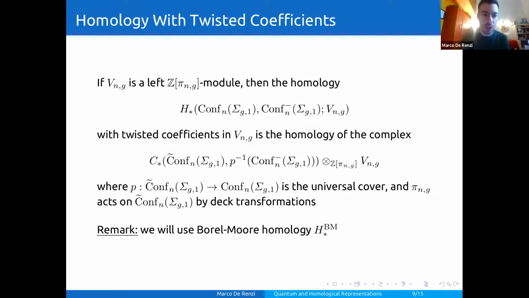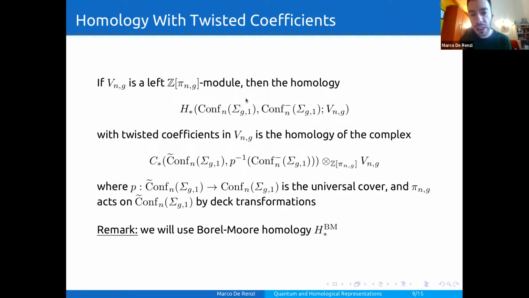This is classical, but whenever we have a left Z[pi]-module V, where Z[pi] denotes the group ring for this surface braid group, then the homology of this pair with twisted coefficients in this coefficient module is by definition the homology of this complex here. We are taking on the left relative chains in the universal cover for this configuration space.